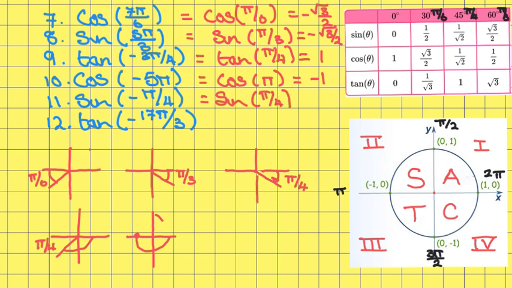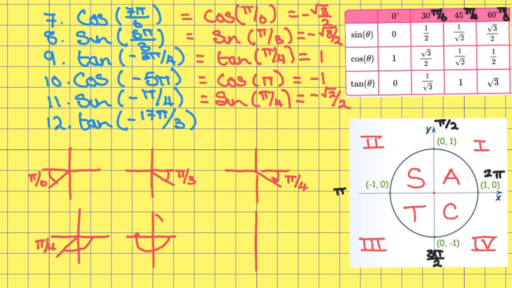So we're in quadrant 4, and the only one that's positive in that quadrant is cos, so it will be negative. So sine pi over 4 is root 2 over 2, so it will be equal to minus root 2 over 2.